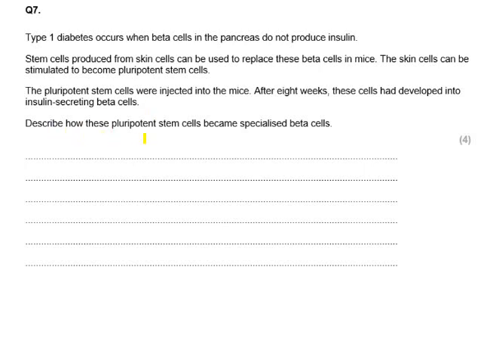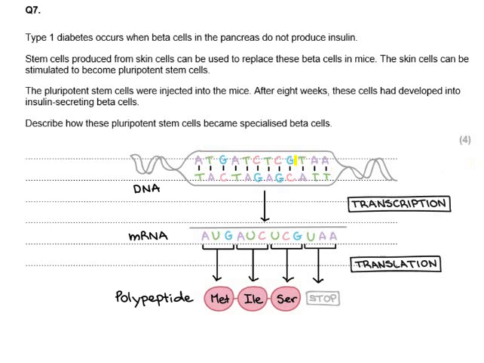Describe how these pluripotent stem cells become specialized. And we have to be referring to what is happening to the DNA and which parts of the DNA are transcribed and translated into the protein. This is an answer that's worth 4 marks, and I think there were maybe 2 people who got full marks on this. Everyone else got about 1 or 2.